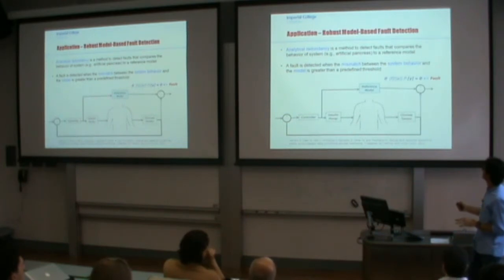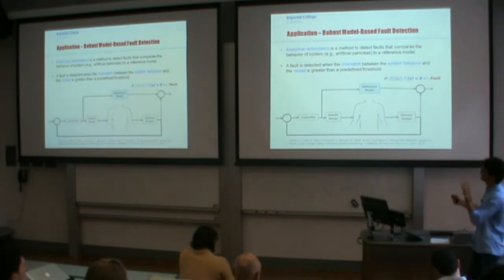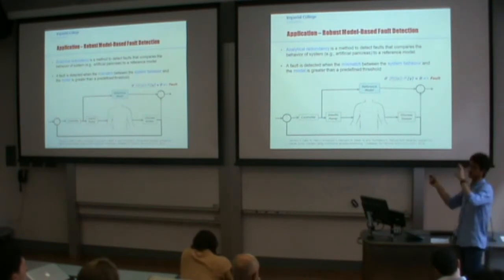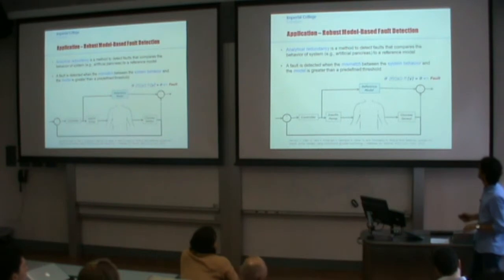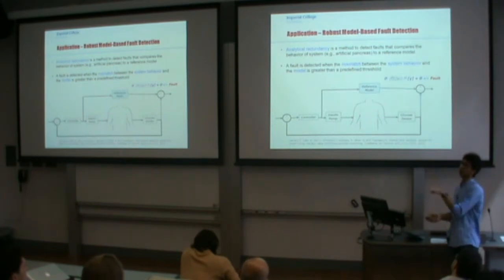We compare the output, the measured glucose of one subject, with a reference model, that in this case is the model that I showed you before, minimal model plus the absorption models. Then if we see that there is a big mismatch between what we measure and what the model is predicting, then we can see that something is going on.